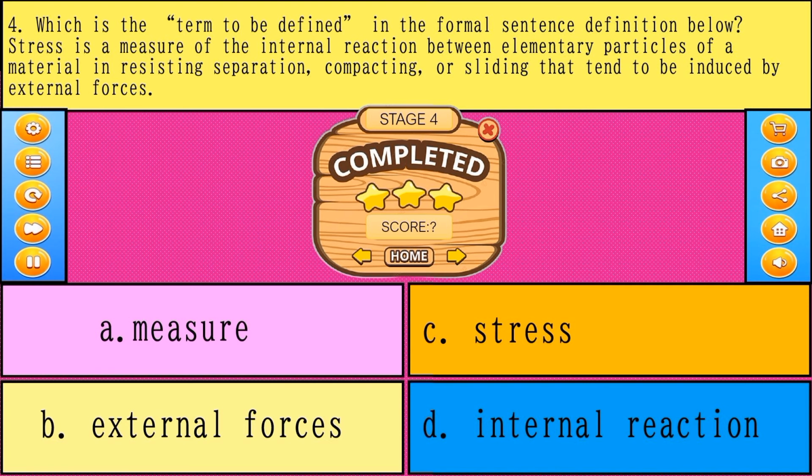Letter A, measure. Letter B, external forces. Letter C, stress. Letter D, internal reaction. Answer is letter C, stress.